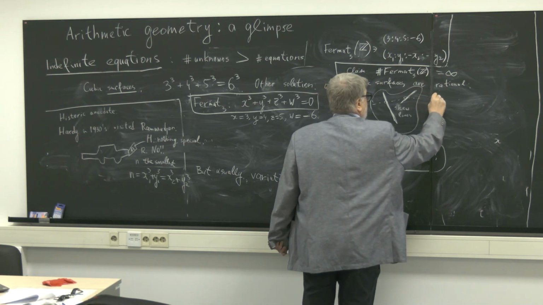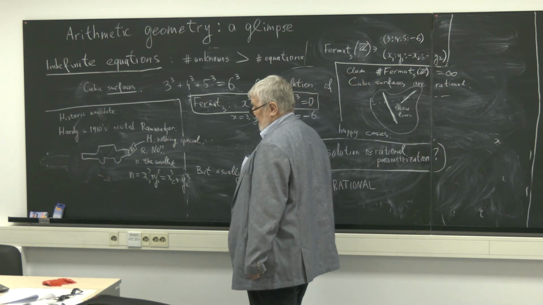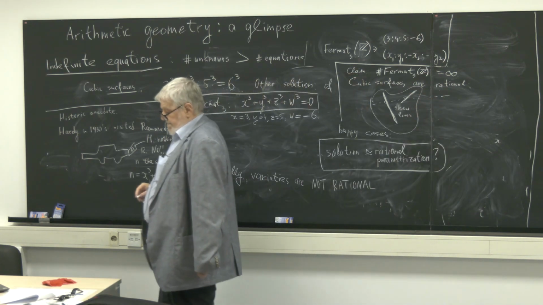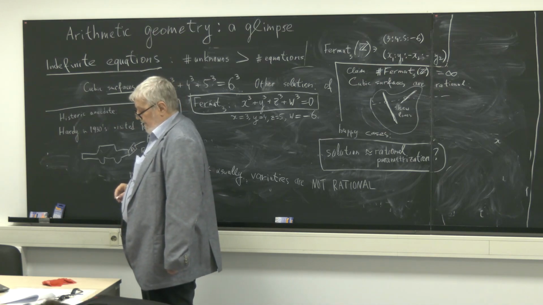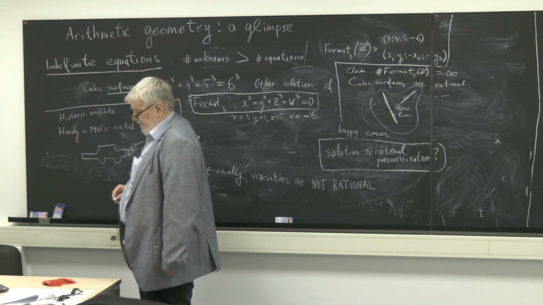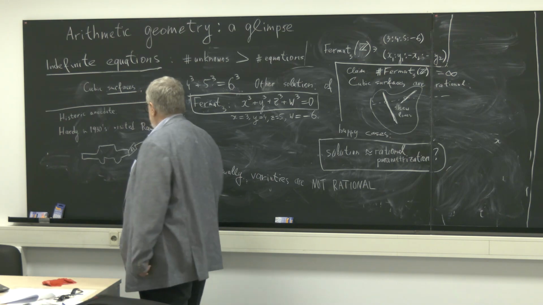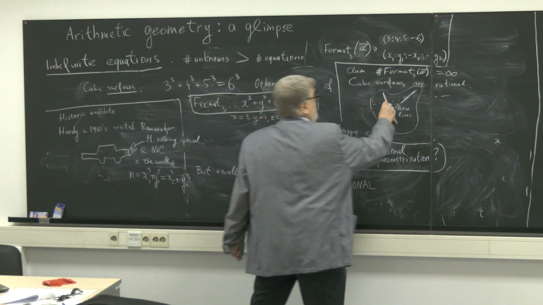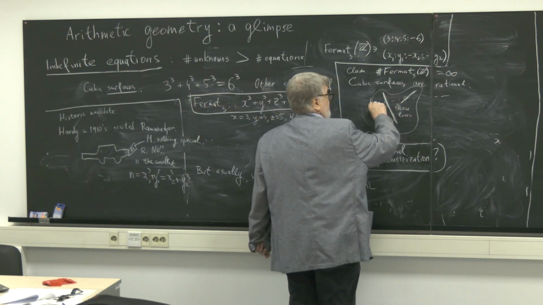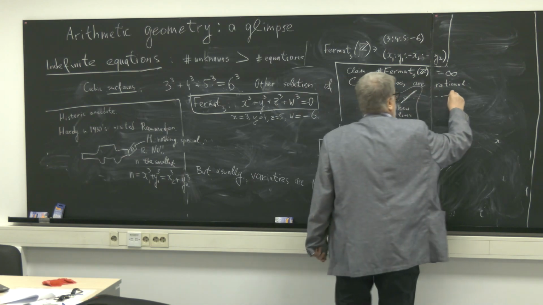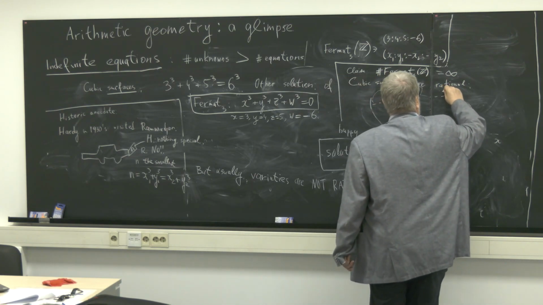So there is a line in space that intersects the cubic surface in one point and in another point.